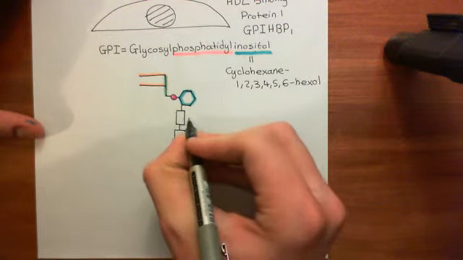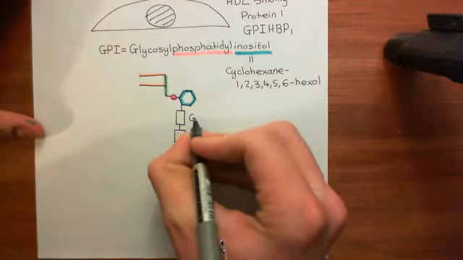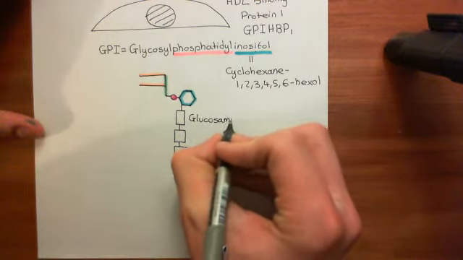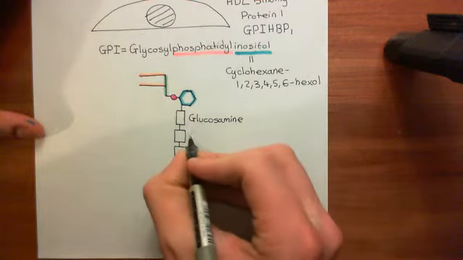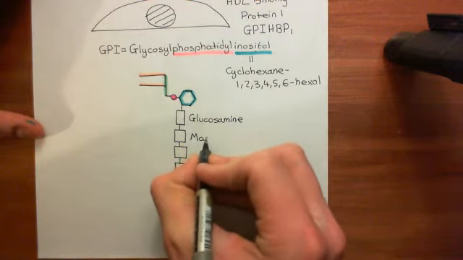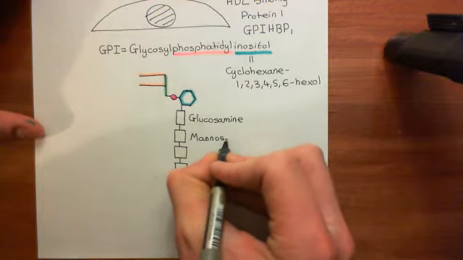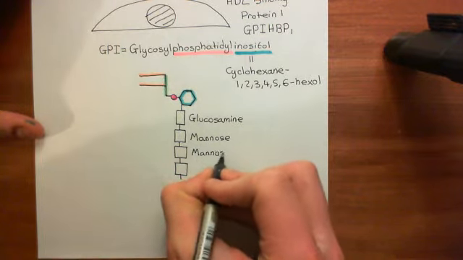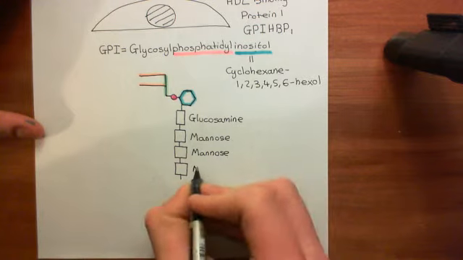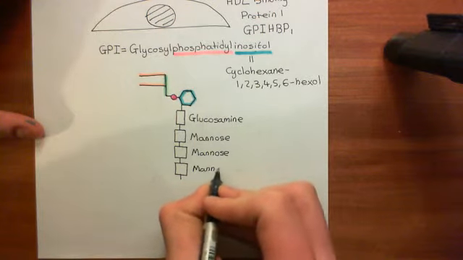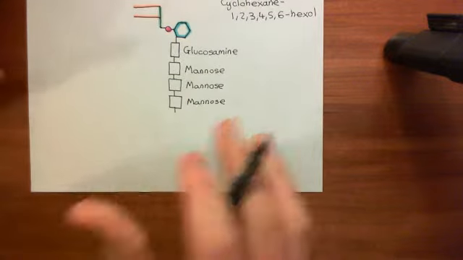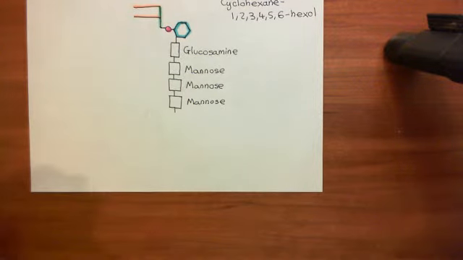Well, you start with a glucosamine here. So this first one is a glucosamine molecule, and then the next 3 are all mannose molecules. So you have mannose after mannose, and then a final mannose. Okay, those are the 4 carbohydrate molecules that you have within a glycosyl phosphatidyl inositol group.